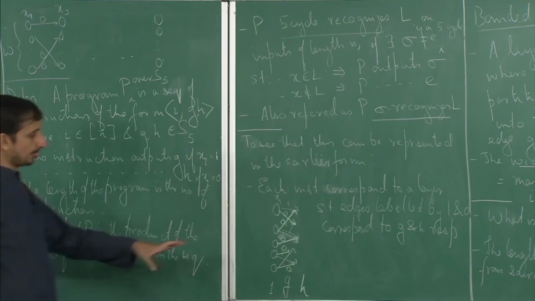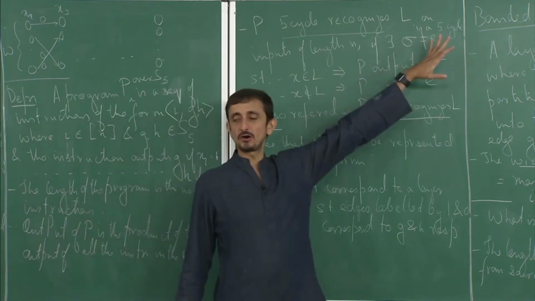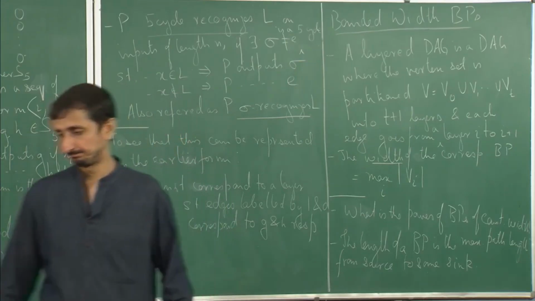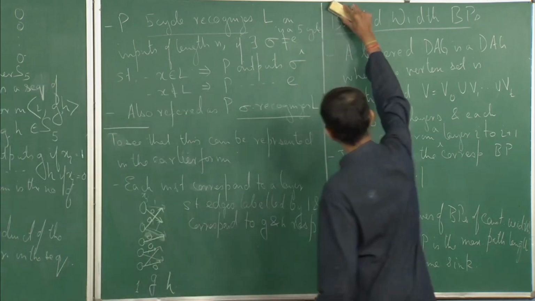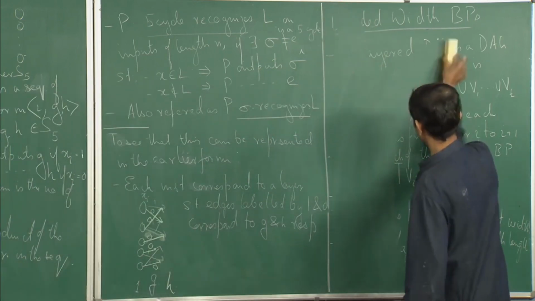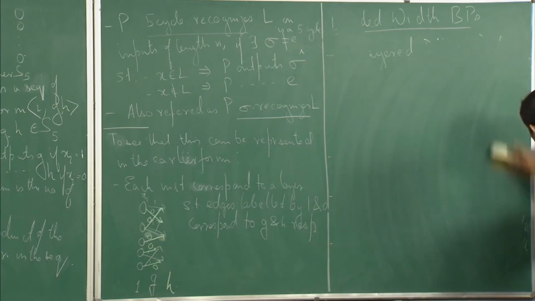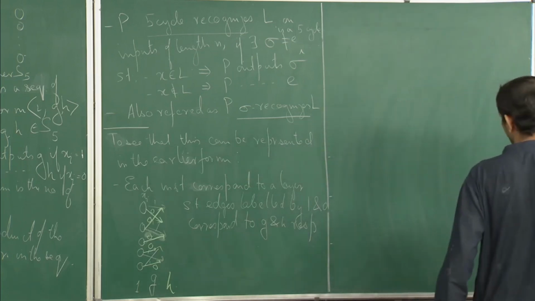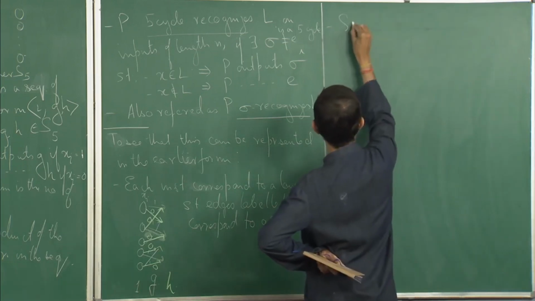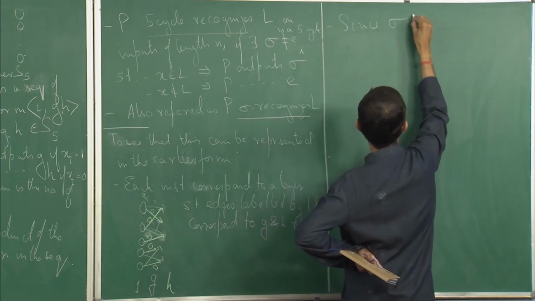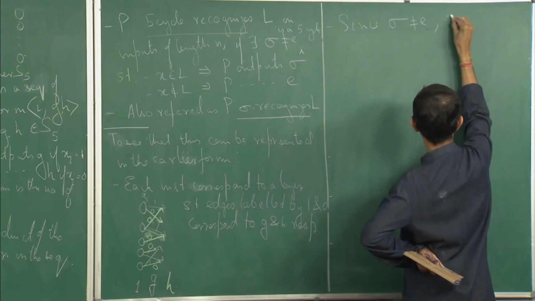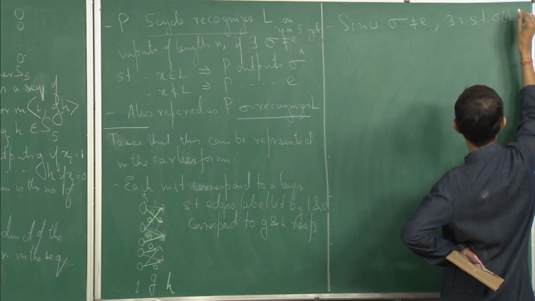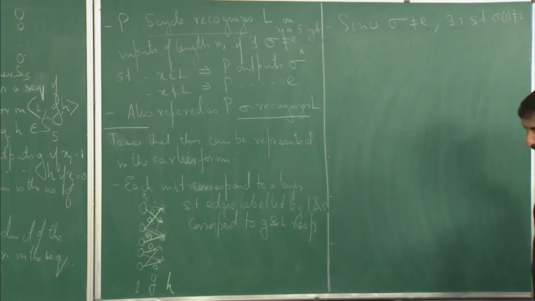So, for the start node, what we would do is, so we know that sigma is not identity, which means that since sigma is not identity, there exists some i such that sigma i is not equal to i.